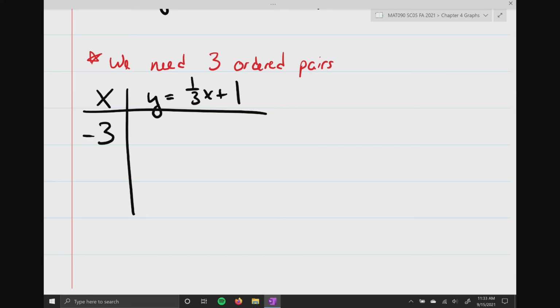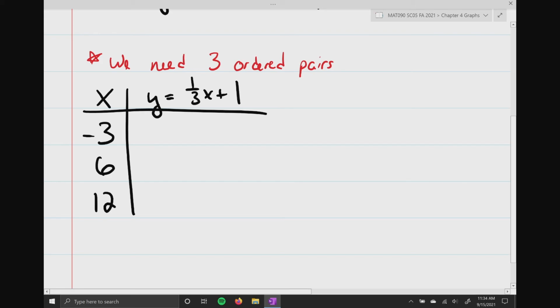So I'm going to pick -3. Dawn, give me another x value, and make sure it's a multiple of 3. 6. Love it. Somebody else, give me one more x value. 12. I love it. So we have -3, 6, and 12.